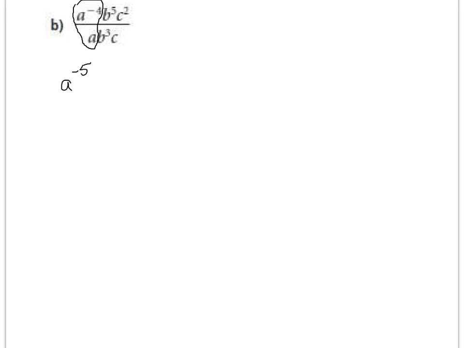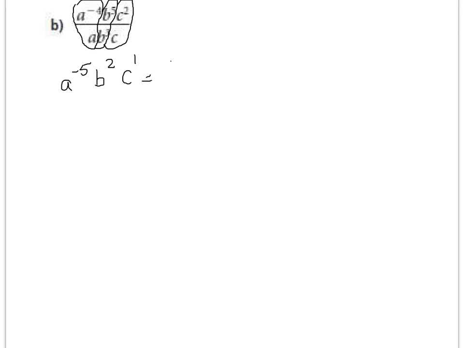b exponent 5 divided by b exponent 3. Since the bases are the same, I'm going to write one base and then subtract 3 from 5. So 5 minus 3 is 2. c exponent 2 and c, again the same base, so I'm going to write c exponent 2 minus 1, which is 1. Now I'm going to substitute.